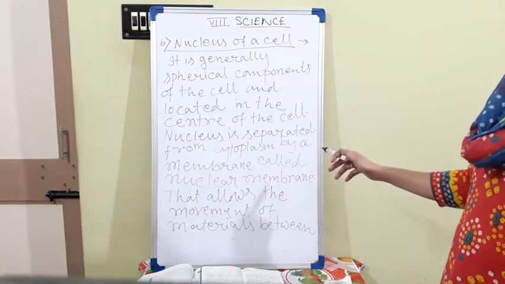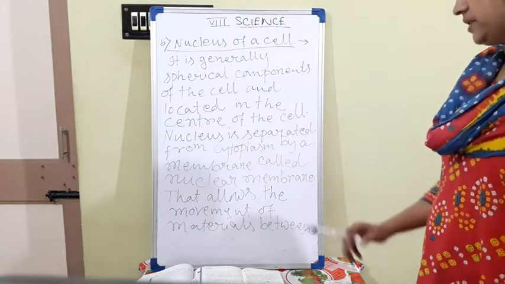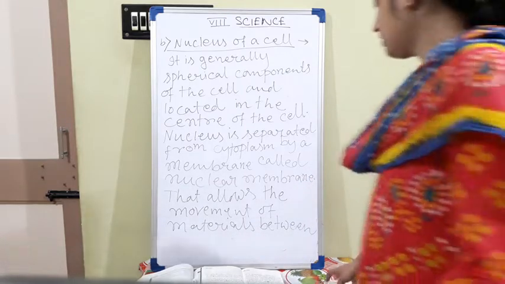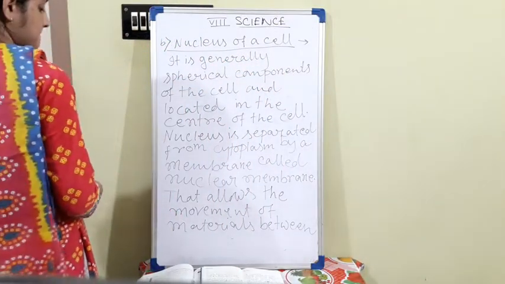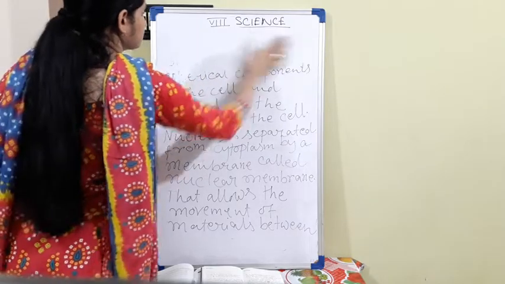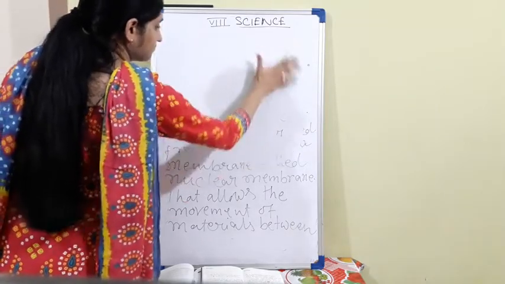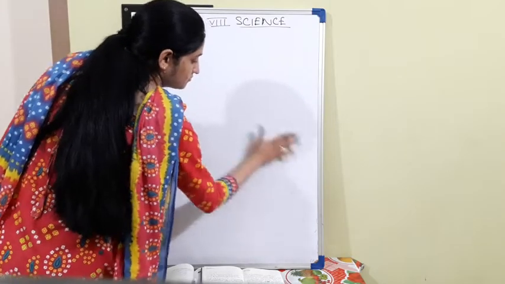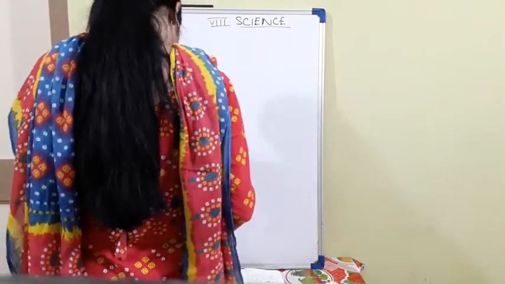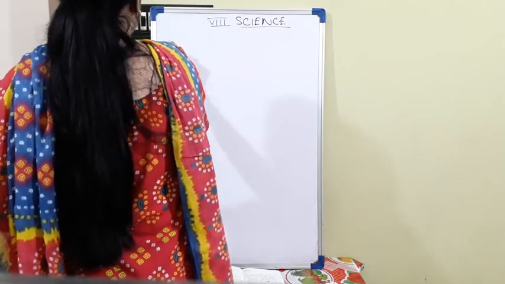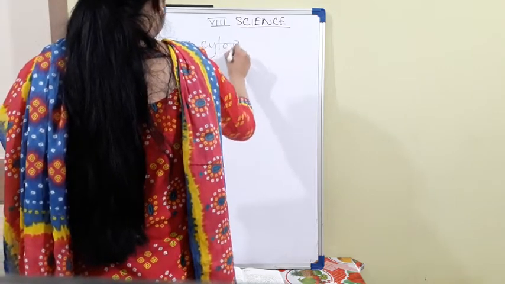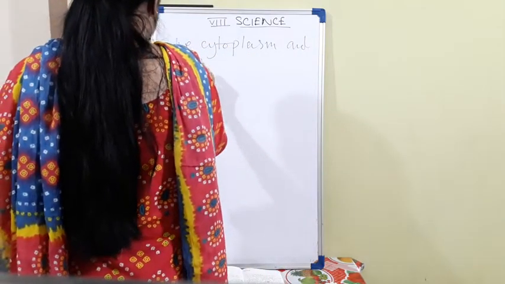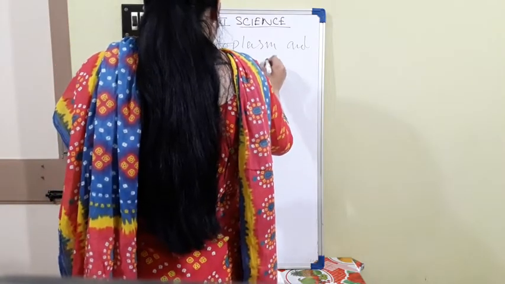The nucleus is separated from the cytoplasm by a membrane called the nuclear membrane that allows the movement of materials between the cytoplasm and the nucleus, the movement of materials between the cytoplasm and inside the nucleus.